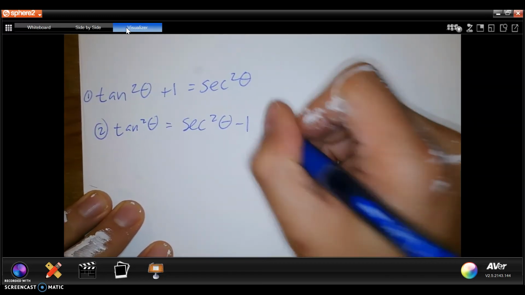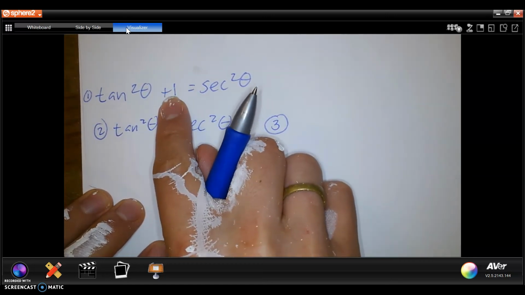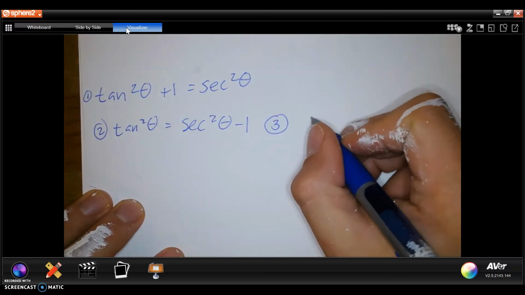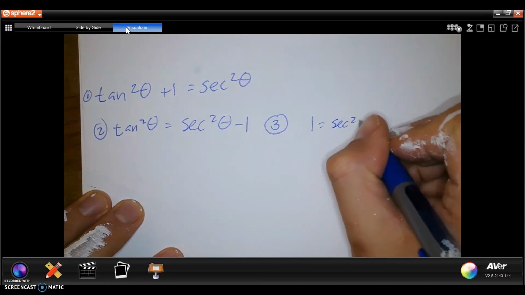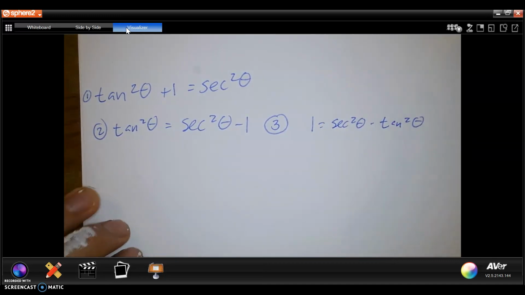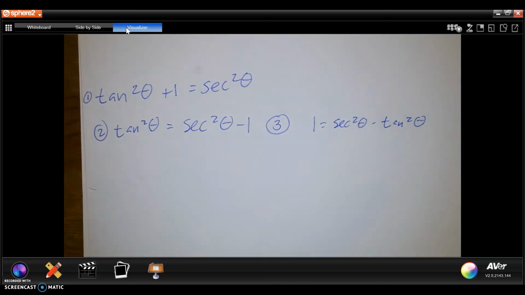And just like in the other, we are going to solve for 1. So we would subtract tangent squared theta, and this would be 1 equals secant squared theta minus tangent squared theta. So now we have all of our trigonometric identities.